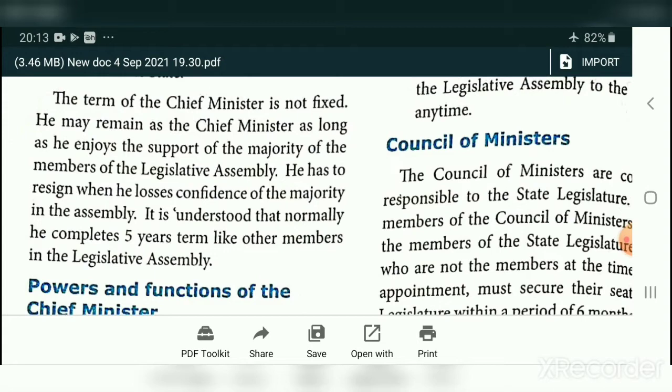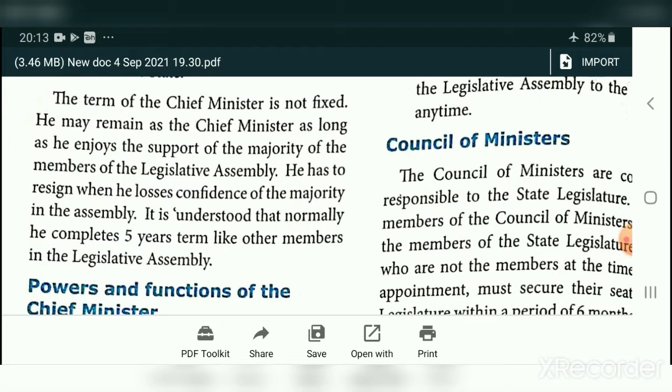Note this one. When the chief minister enjoys the support of the majority in the legislative assembly, he can continue his period. If he loses the majority in the legislative assembly, automatically he has to resign his chief minister post. But according to the constitution, his term of office is 5 years.